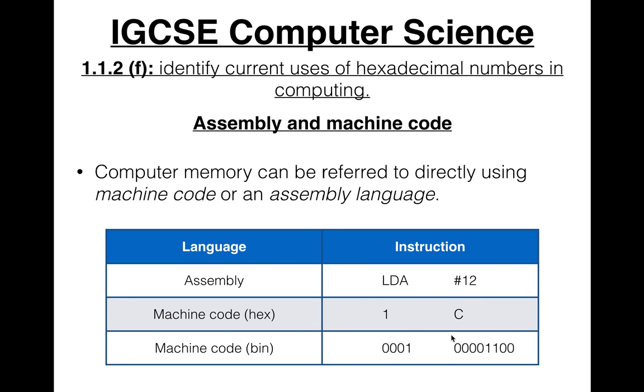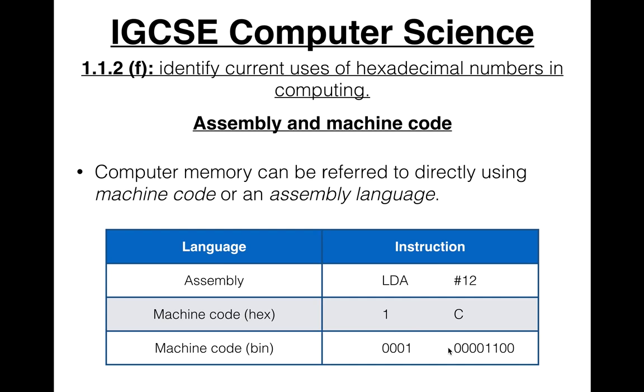So what this example is supposed to show is that one line is quite small, but if we have multiple lines of machine code in binary, it can be really hard to actually program in machine code.